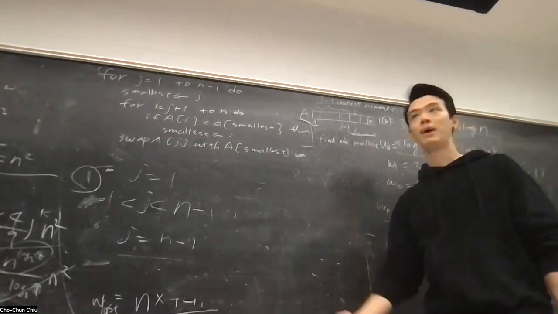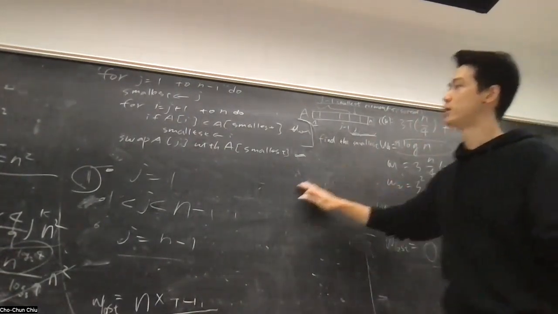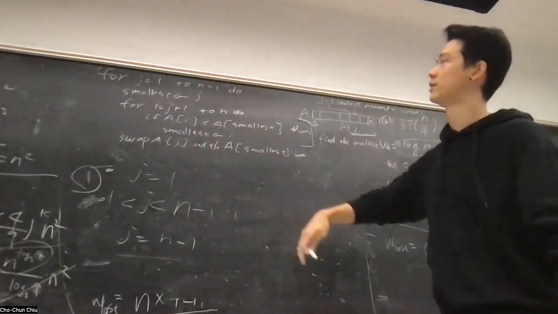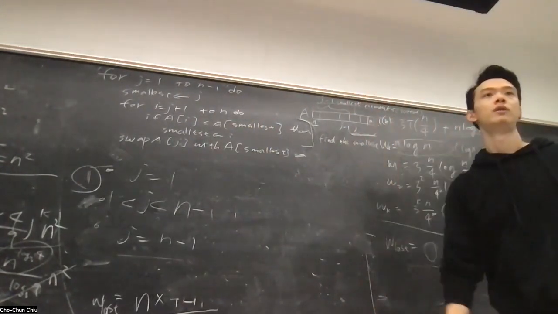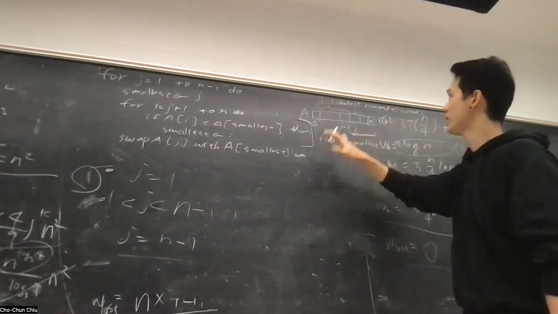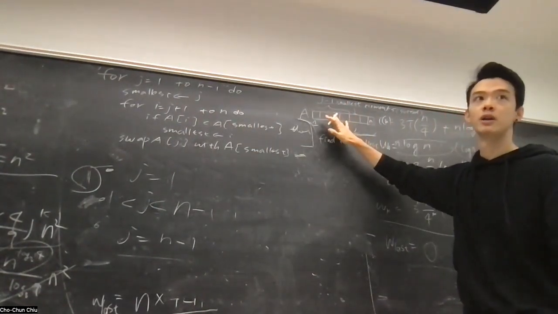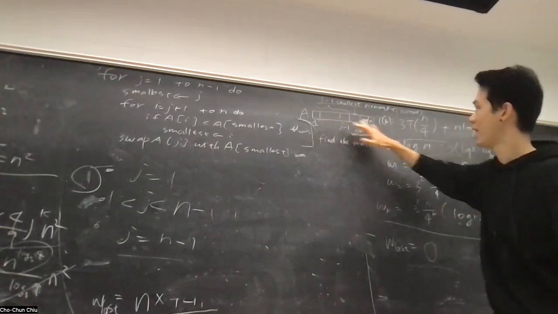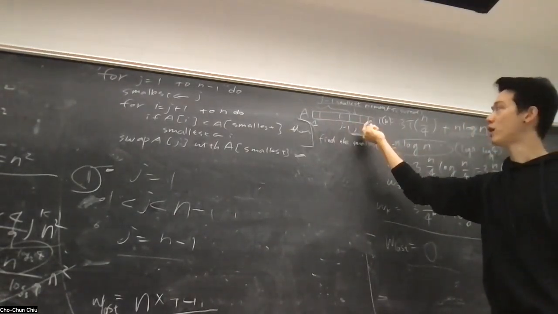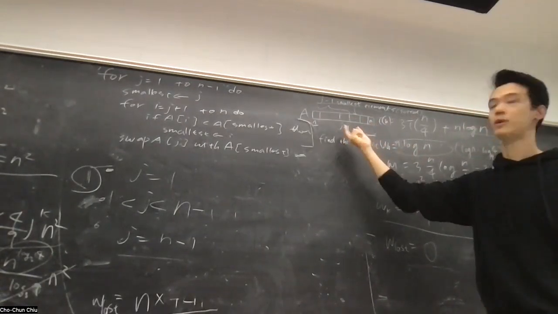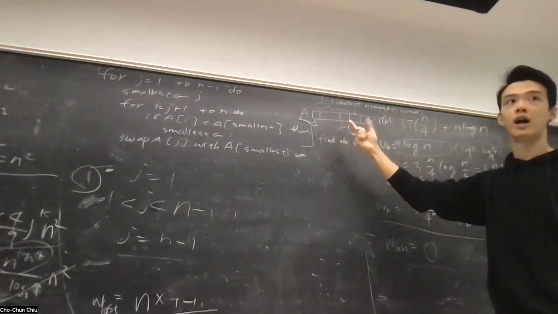So that makes the next iteration qualify for this condition as well. Because those are already the smallest among all of the elements, and then you find the smallest among this part, so that one is going to be larger than those, because those are already the smallest elements.